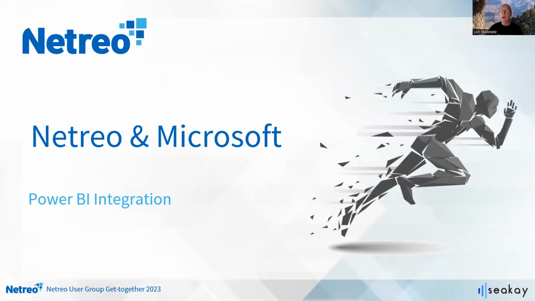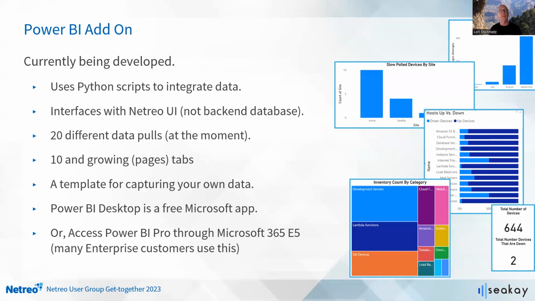Netreo and Microsoft. I have one quick slide here. It basically shows Power BI, the add-on. On the right, you'll see user logons by month. That's at the top. Slow poll devices by site, and then hosts up versus hosts down.